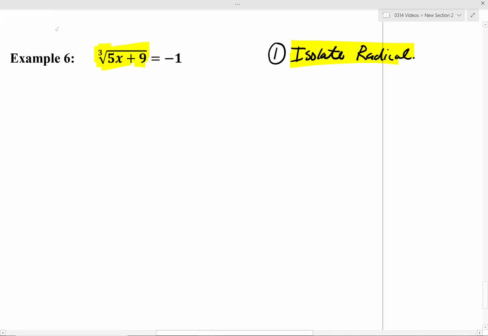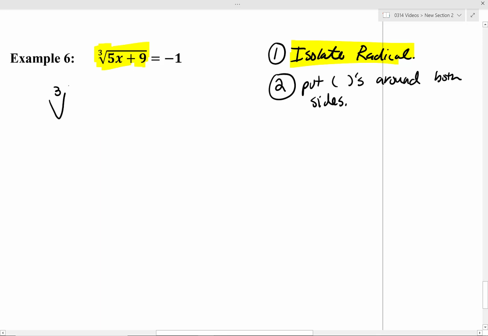Okay, step 2, we want to put parentheses around both sides. Alright, so I'm going to rewrite cube root of 5x plus 9. And I put the negative 1 on the right side. Alright, so let's put parentheses around completely everything on the left and everything on the right.